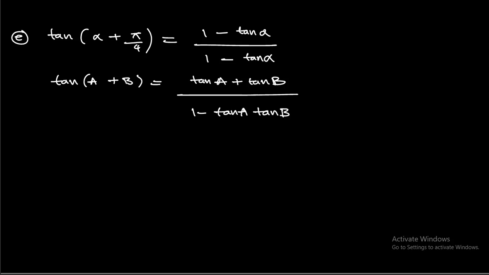In this case, our A is alpha and our B is pi over 4. Since pi over 4 can be difficult for most of you, you convert it into degrees. We multiply by 180 over pi, so the pi cancels, and 180 divided by 4 is just 45.